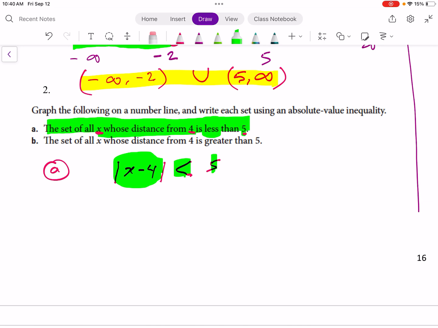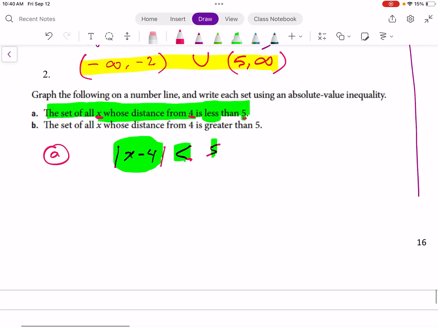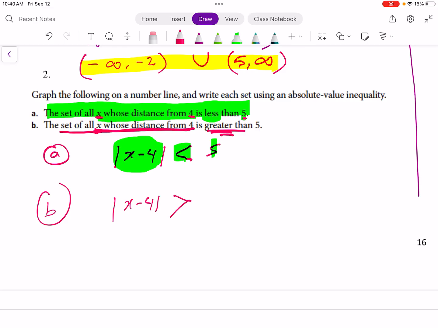In a similar way, in number B, the set of all x whose distance from 4. So what is that distance? The absolute value of x minus 4 is the distance, and it is greater than 5.